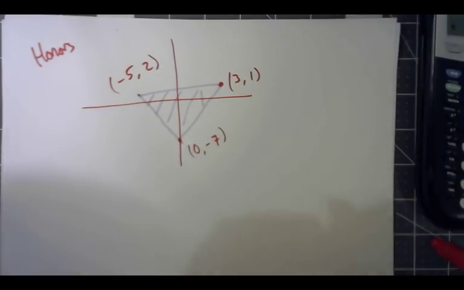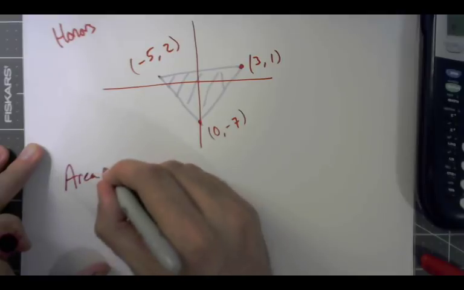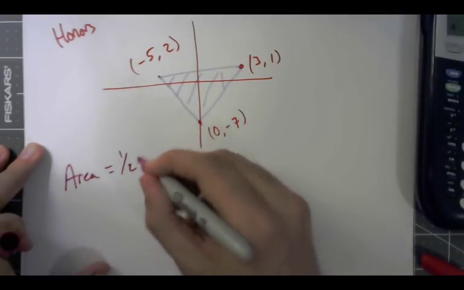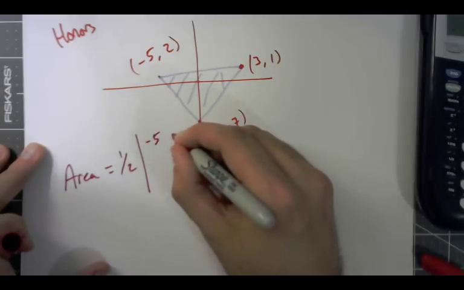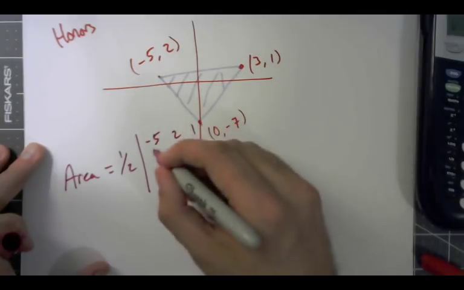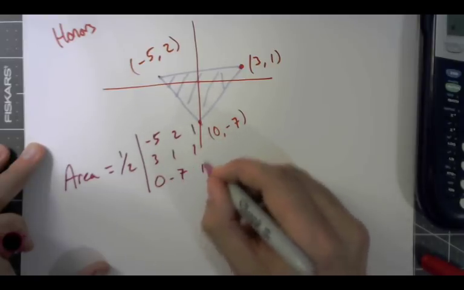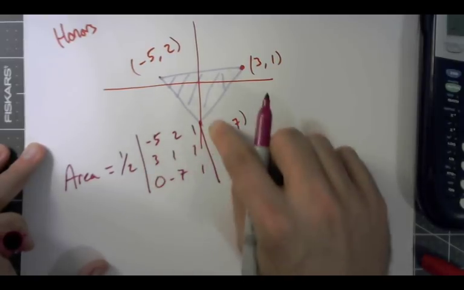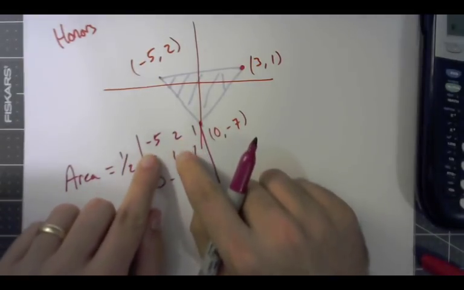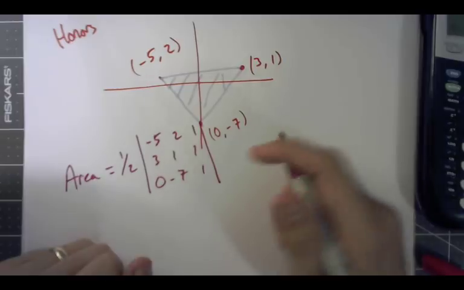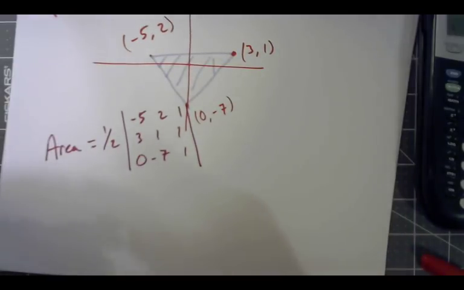So what we're going to do here is actually make a new matrix. Our area is going to equal 1/2 the determinant of these points: 3, 1, 1, 0, negative 7, 1. You see these vertical bars mean the determinant. I put the points x, y, x, y, x, y, and then 1s in this column. So what I'm going to do is go to my calculator.